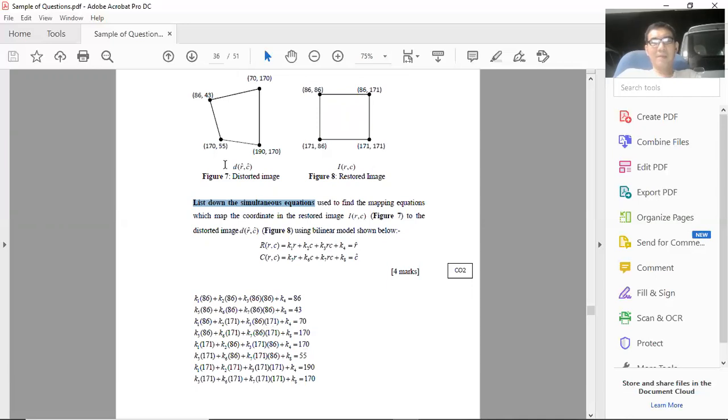The third one, the R prime, C prime is 170, 55, and then the RC is 171, 86. And last but not least, the fourth pair, R prime, C prime 190, 170, and then the R and C is 171, 171. All right, RC. So these are the 8 simultaneous equations.